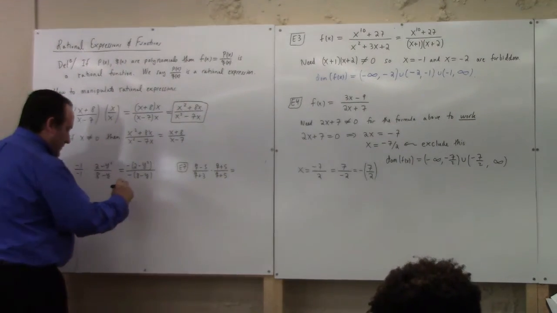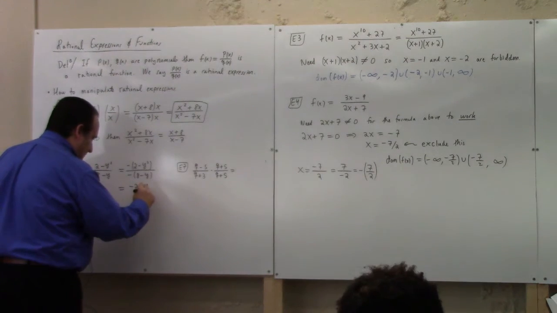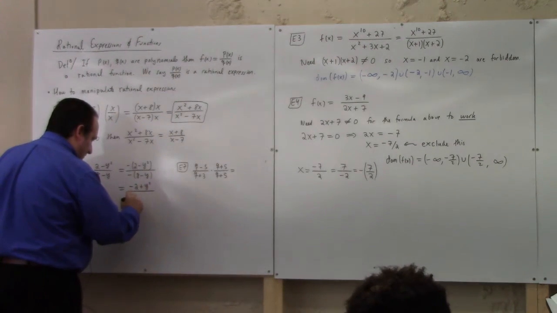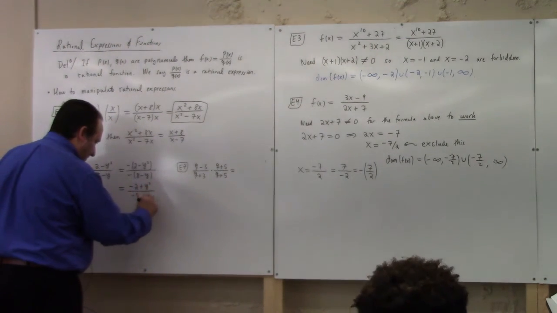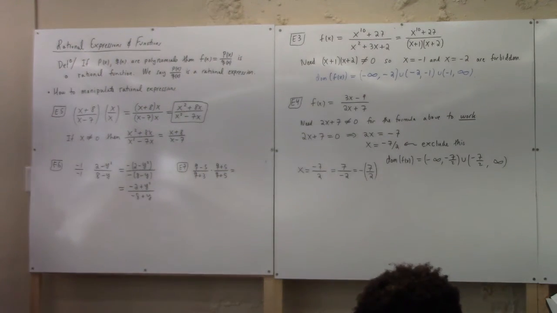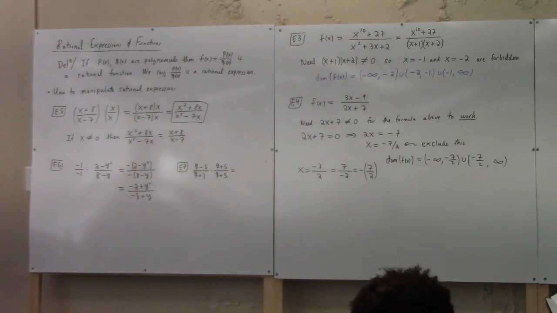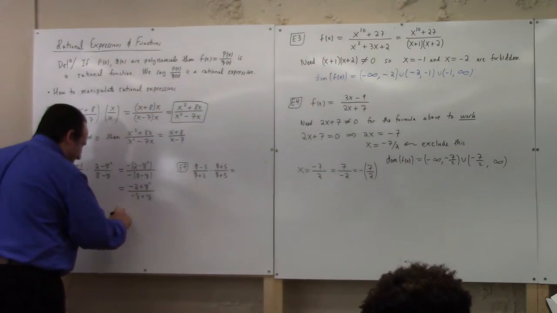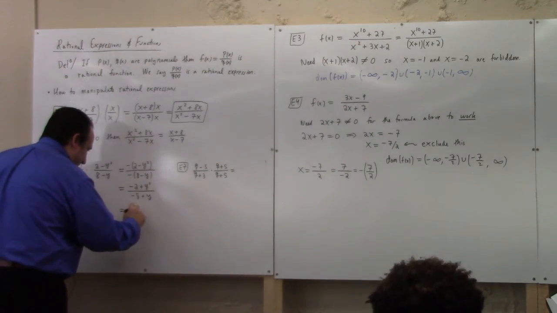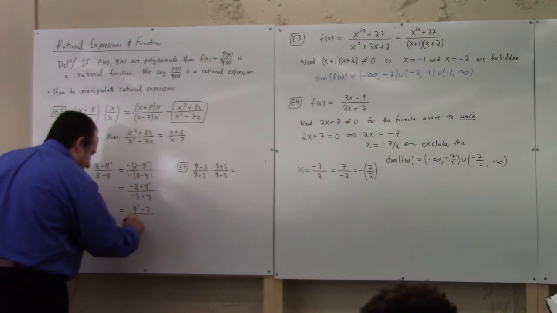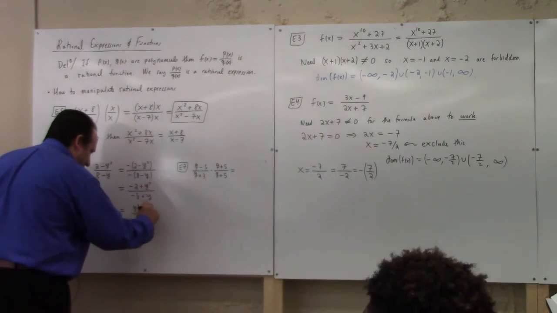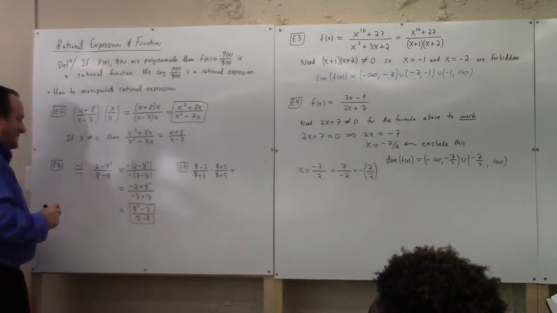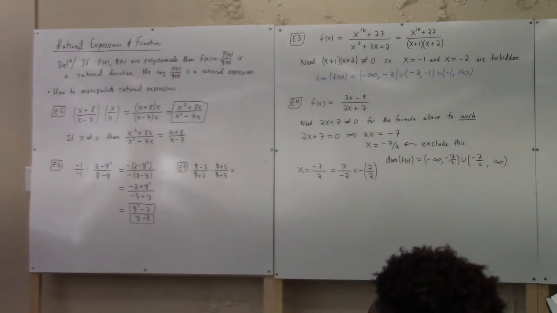So minus 2 plus y squared divided by minus 8 plus y. For reasons of style, I just don't like putting the minus first. I prefer to write it like this. Y squared minus 2 over y minus 8. I feel better writing the answer like that. It's silly, but there it is.